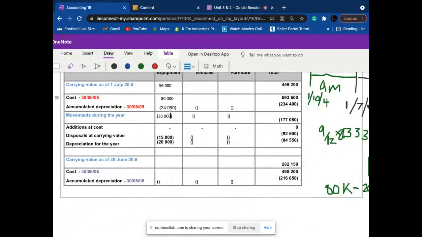Now remember, we can't just take this 24,000 and add it to this 20,000. Because remember, accumulated depreciation, we're just saying, what was the depreciation we had before, plus the depreciation we just had? Then we have our new accumulated depreciation.